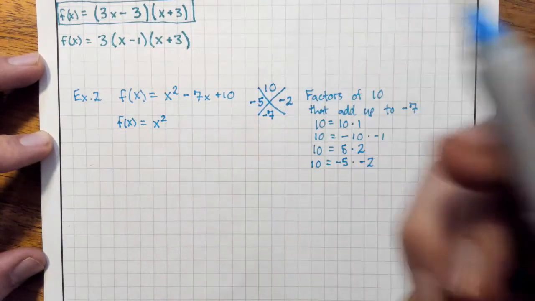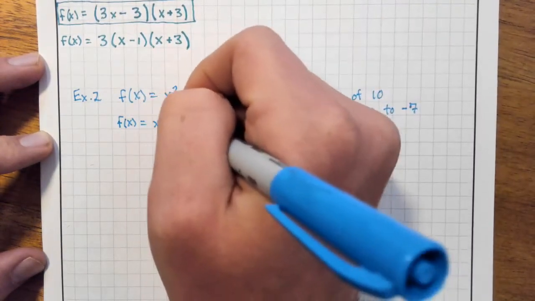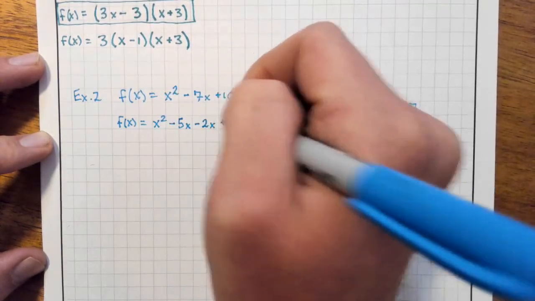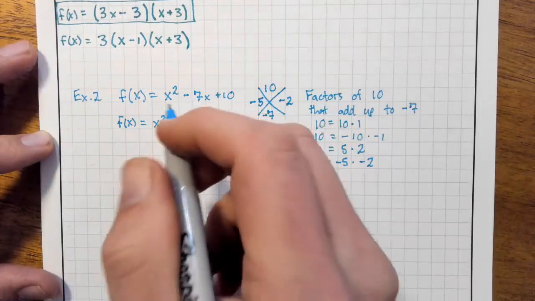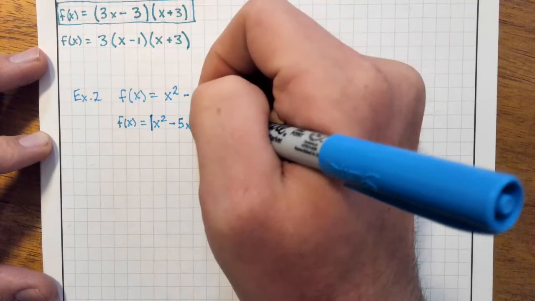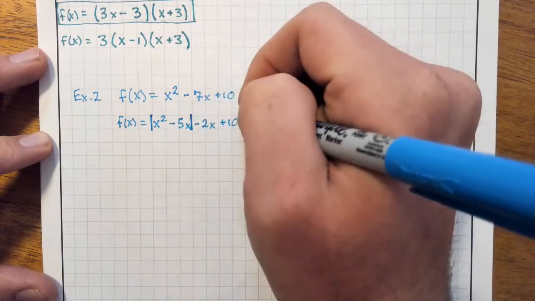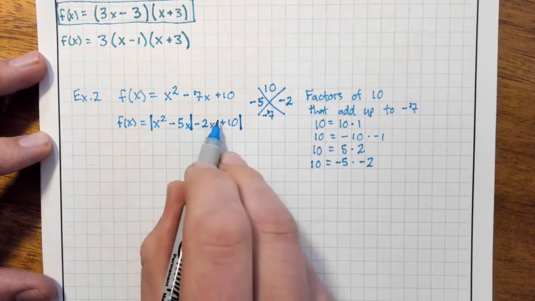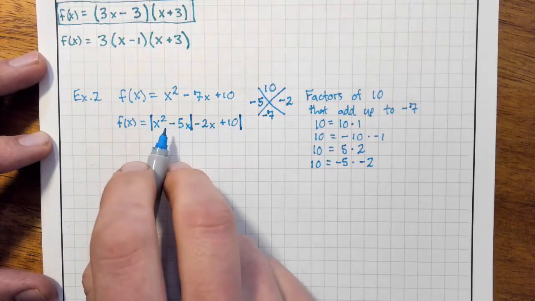x squared minus 5x minus 2x plus 10. All right. Now comes the factor by grouping part. I'll group up these first two terms. I'll group up these second two terms. All right. Now, when you get to these groups, what's the greatest common factor?